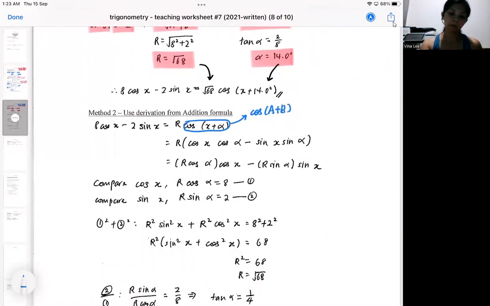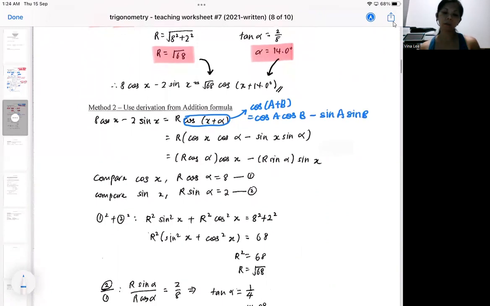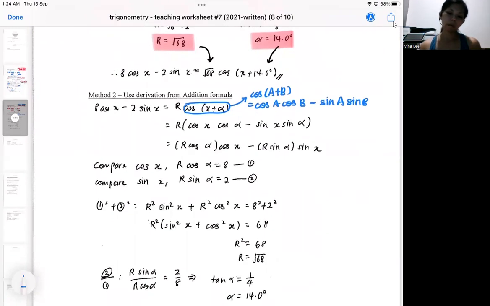If you still remember, cosine A plus B is cos, but it's a minus. So I use the cosine A plus B formula. Okay, I expand it out.